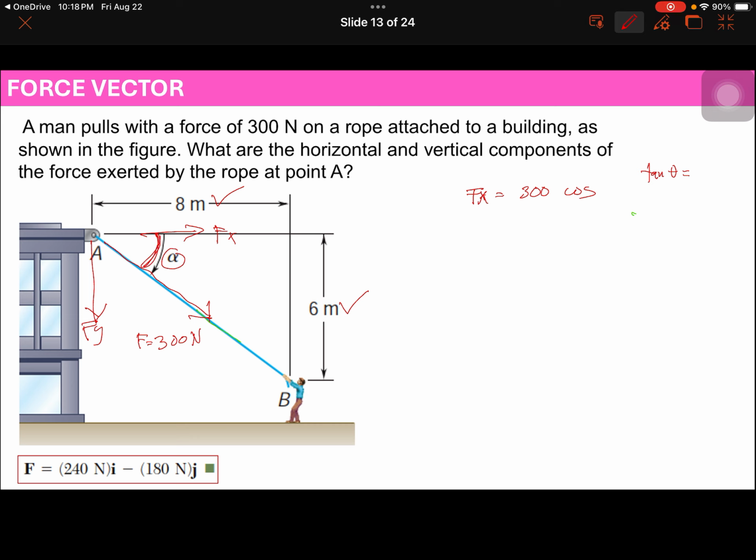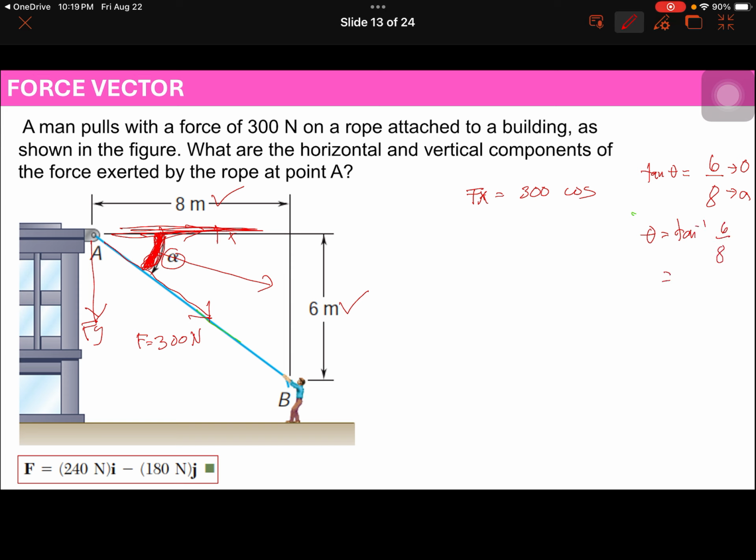If this is your theta, ano ang opposite side ng theta? It is this one, 6. And ito yung adjacent, 8. So, i-arctan natin yan to get theta, tangent negative 1, 6 over 8.